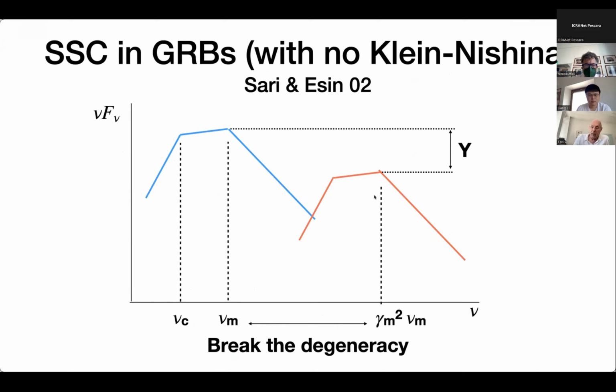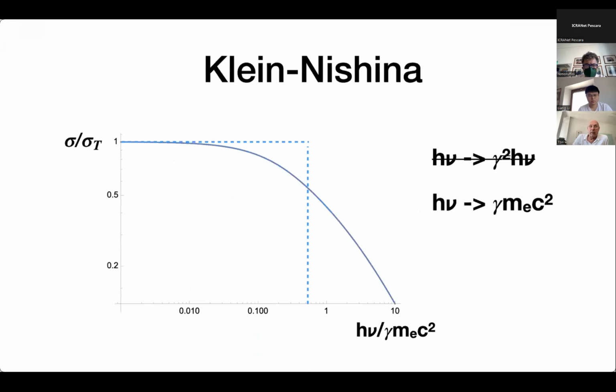a second peak. Now, here you have to be careful because you have to take care of the Klein-Nishina effect, and this was done by Nakar, Ando and Sari in 2009, in which they take into account the fact that the cross-section drops when the frequency becomes too high.